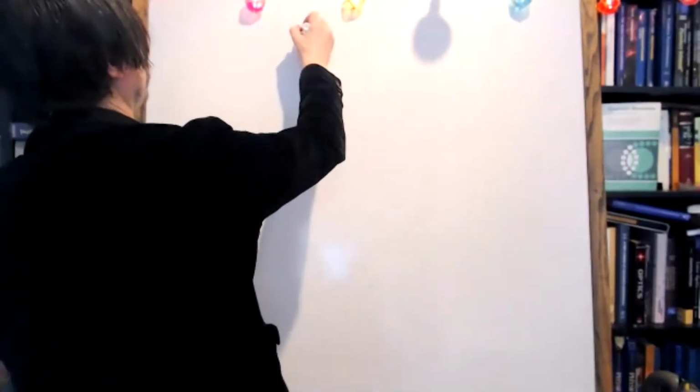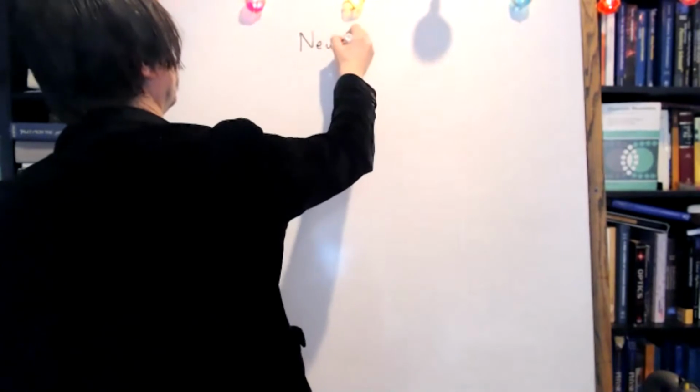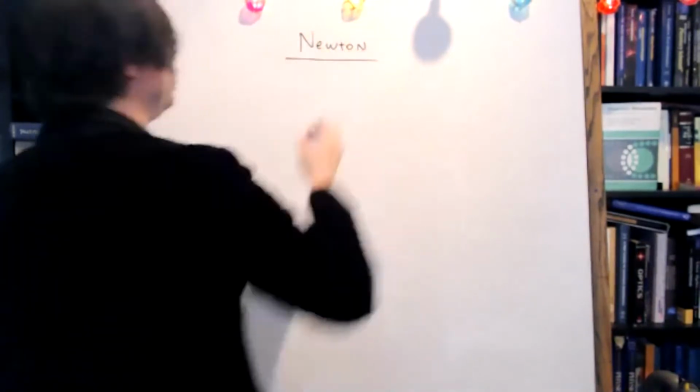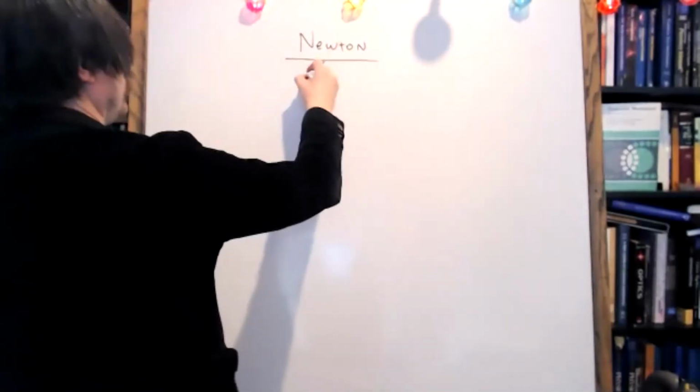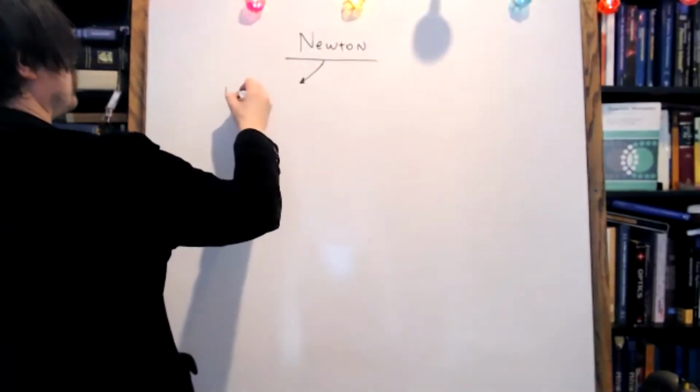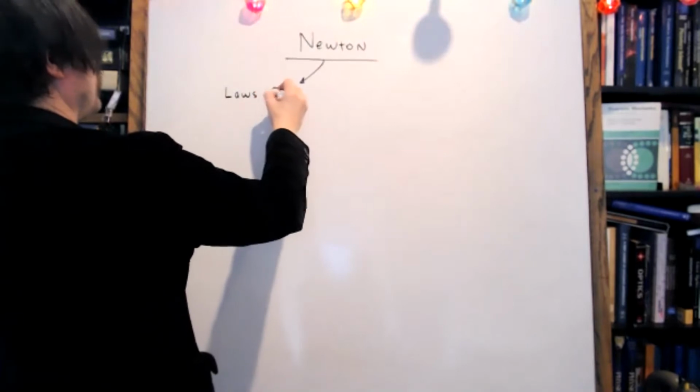Up to now, this week, I've done two things with you to explain the works of Sir Isaac Newton. I told you that Newton had given us two important concepts in Principia Mathematica. The first were his laws of motion.